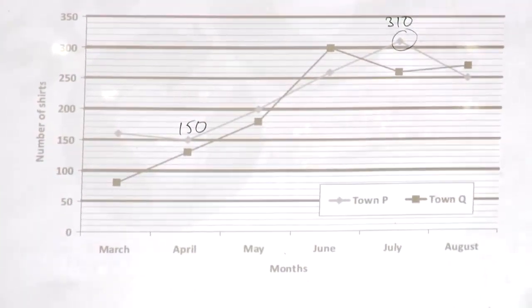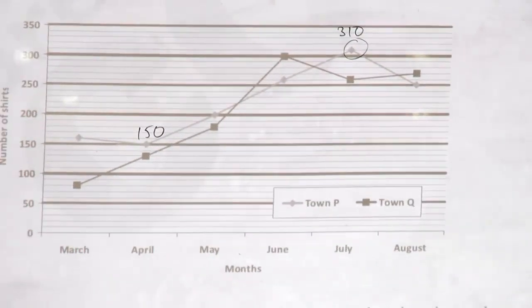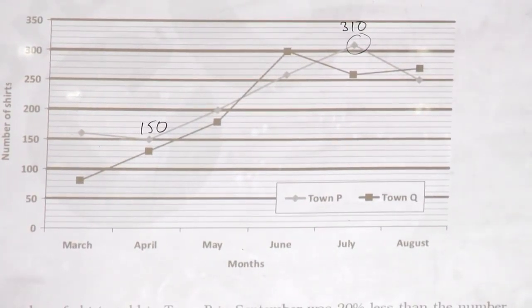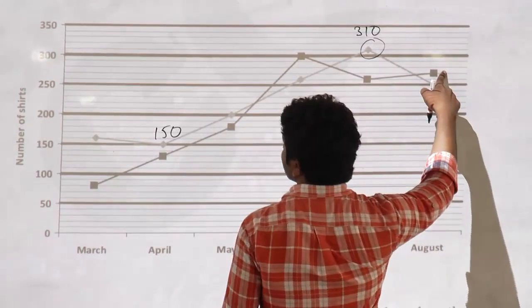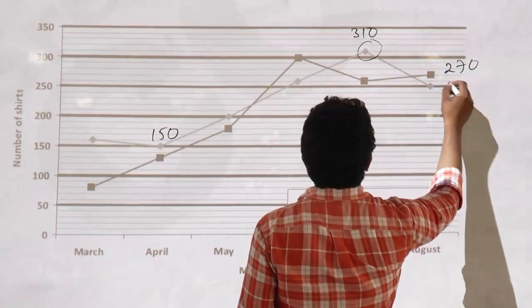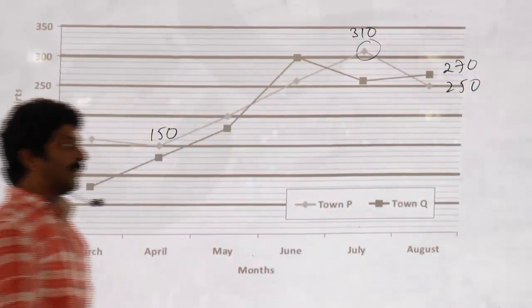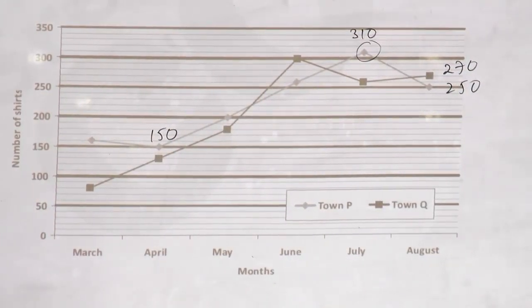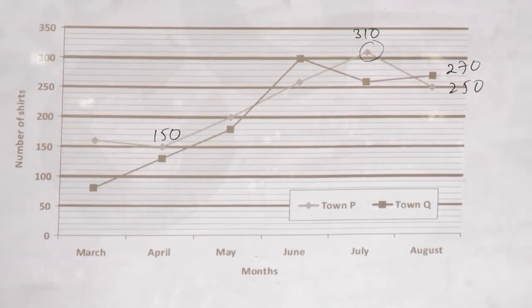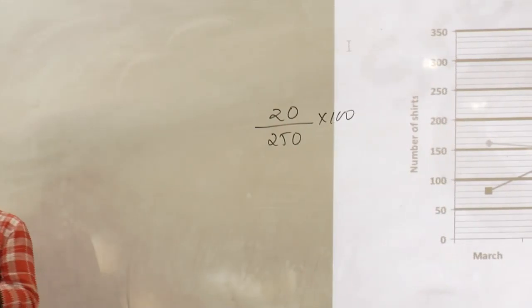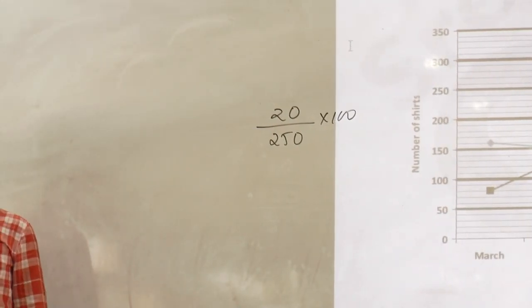Next, number of shirts sold in town Q in August is what percent more than the number of shirts in town P in the same month? August. Q it is 270 and it is 250. 270 is how much more than 250? 20. That of 250. Percentage, right? So into 100. What about 10% of denominator? 25.